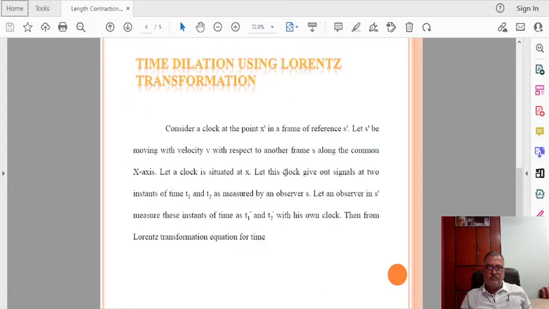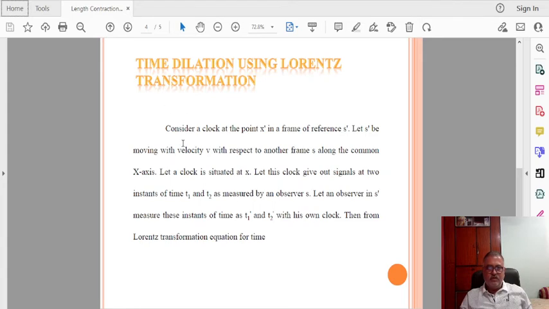Now we will see time dilation. In the beginning, when discussing the theory of relativity, we discussed the relativity of mass, space and time. Here we will derive time dilation using the Lorentz transformation.